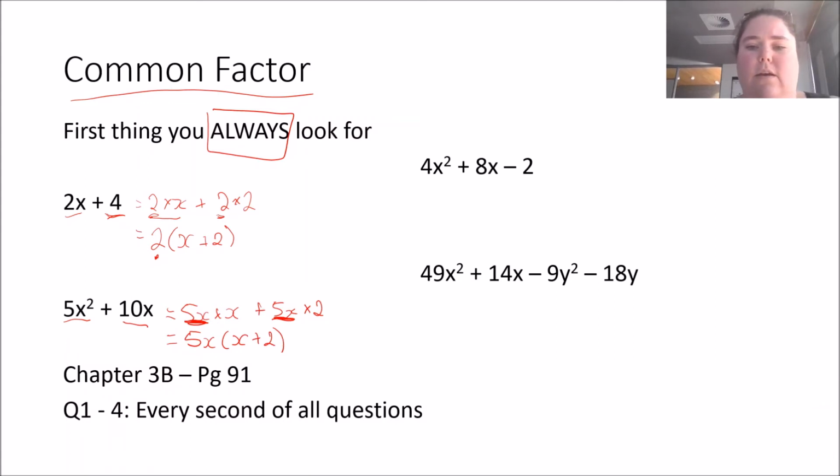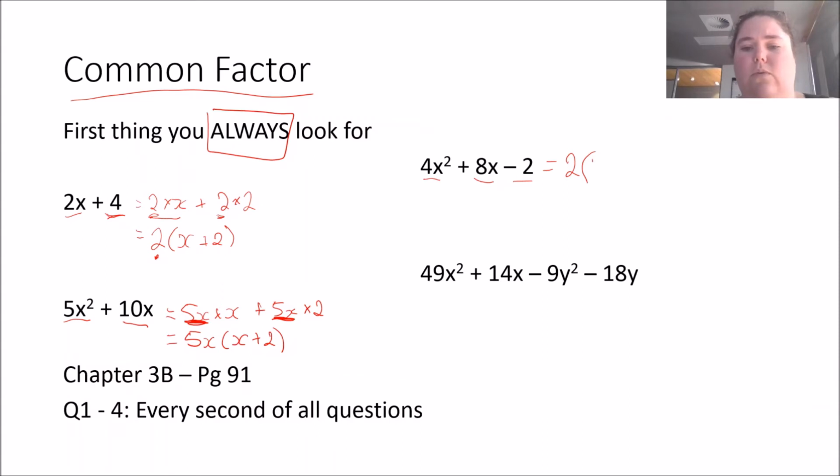Alright, up here, now these terms, we've got 3 terms, but we're still doing the same thing. We're trying to figure out what can come out of all 3 of them. Well, we haven't got an x in all of them, so we know there's no variable coming out of all 3, but our numbers, 4, 2, and 8, they all have a common factor of 2. So 2 times what gets me 4x squared?